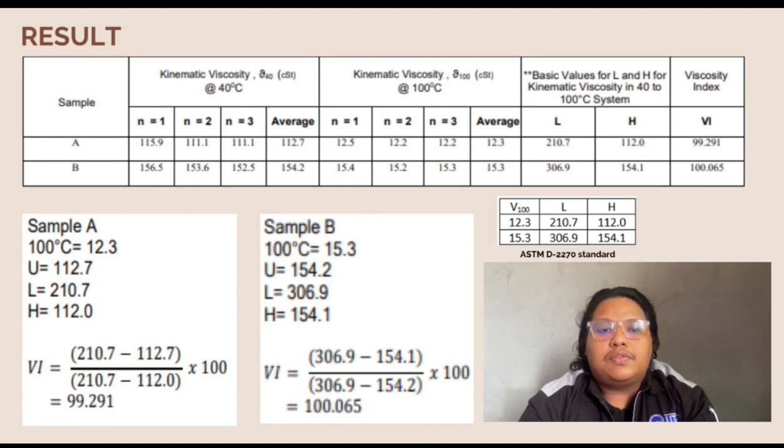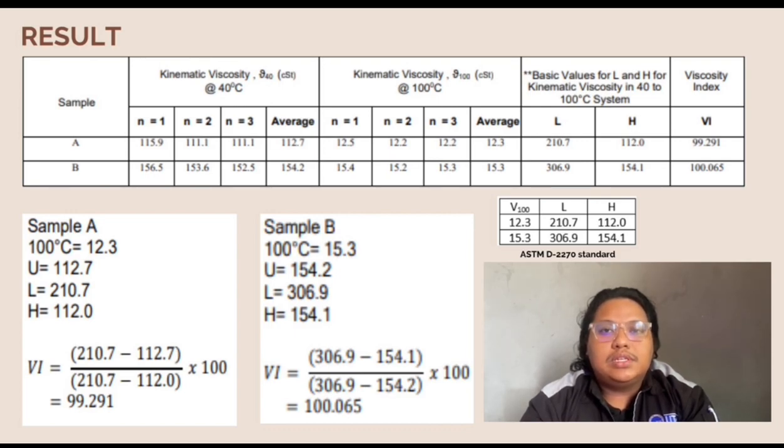Using the formula for viscosity index, which is L minus U over L minus H times 100, we get the viscosity index for sample A, which is 99.291.